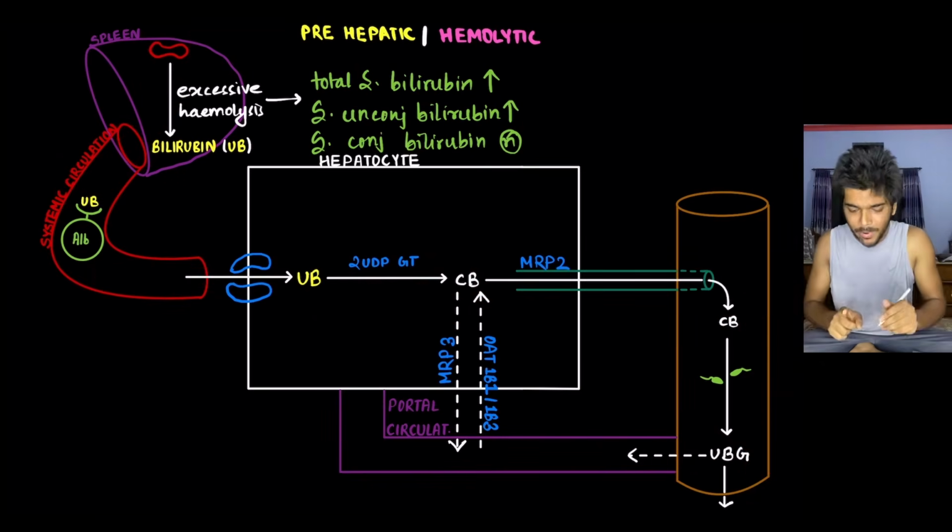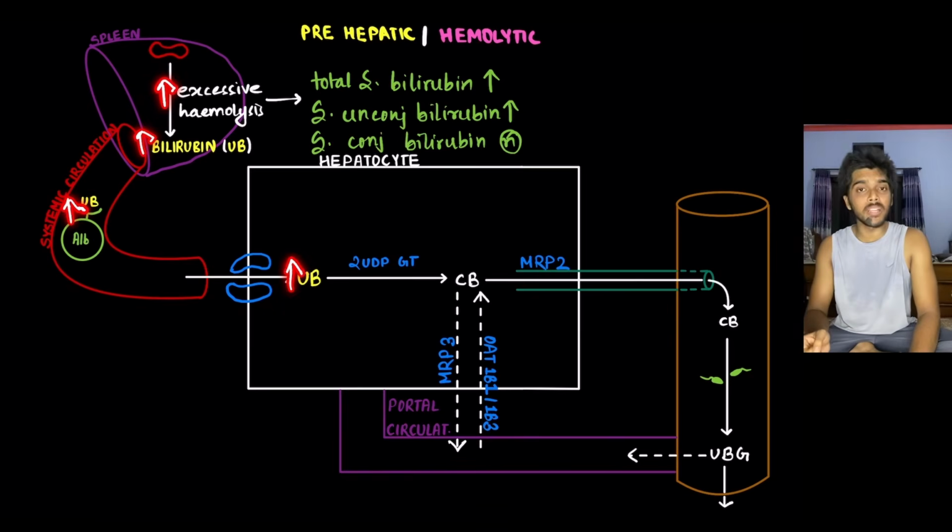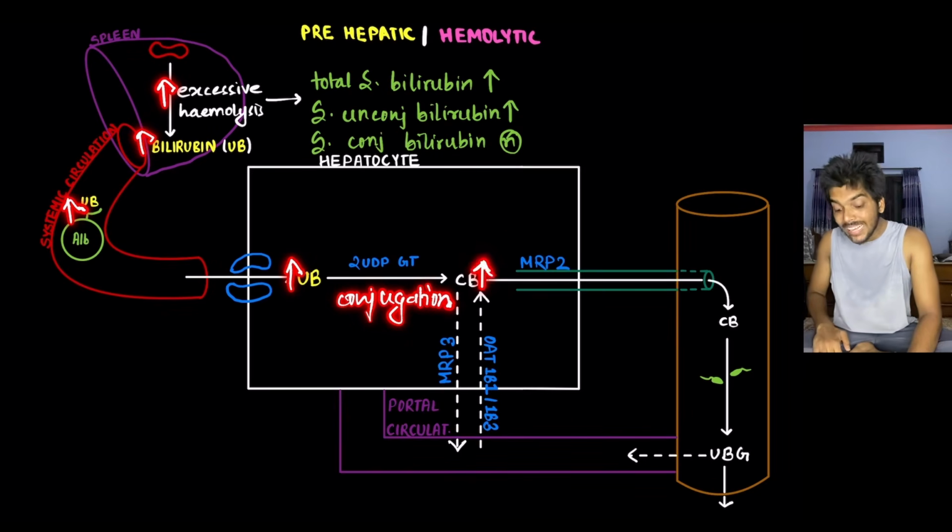So you get the concept, right? Excess hemolysis, excess unconjugated bilirubin in the circulation, which gets taken up by the liver. So in the liver cell also, excess unconjugated bilirubin. Conjugation in full potential is taking place. The liver is trying its best to conjugate all unconjugated bilirubin, so there is a maximum amount of conjugated bilirubin being produced.